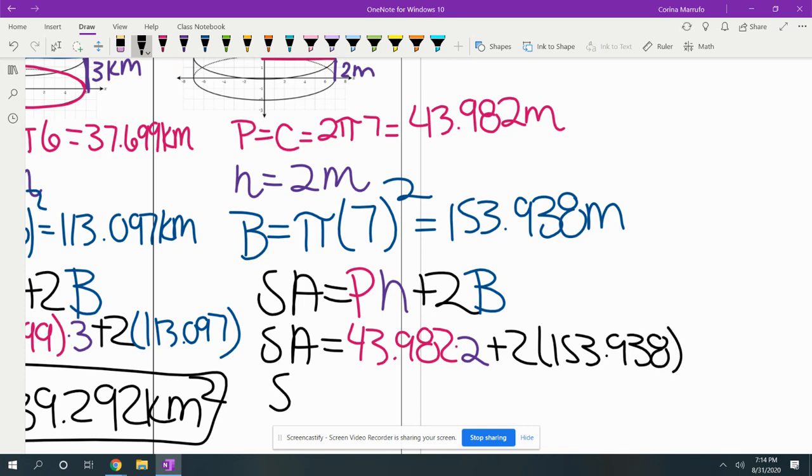And so we go ahead and put all of that in our calculator. Just give me 1 second so I can put it in. And that gives me 395.841, and our units are meters squared.